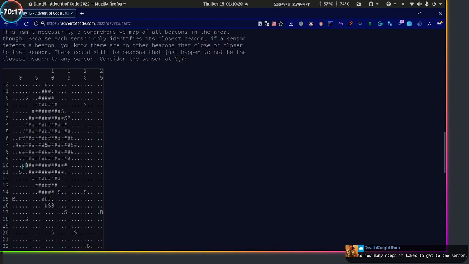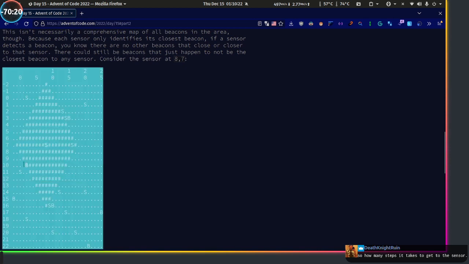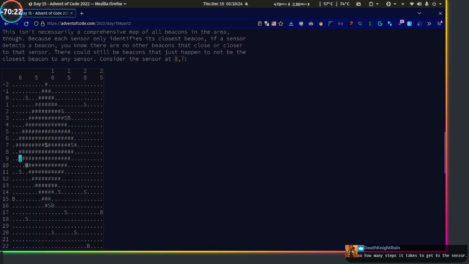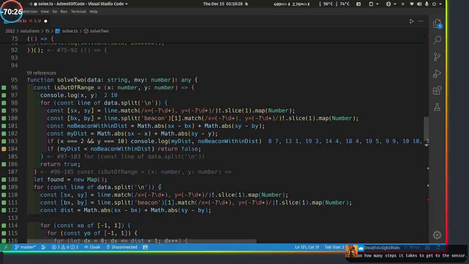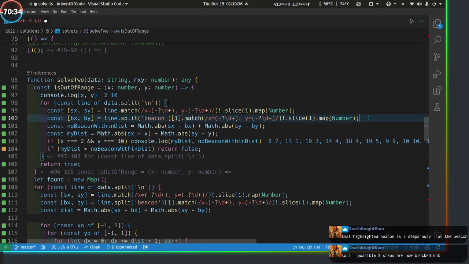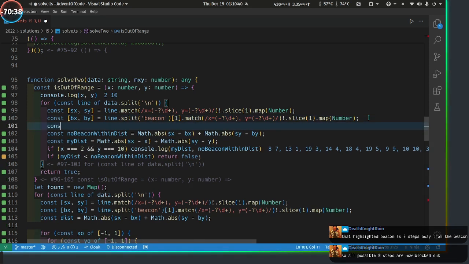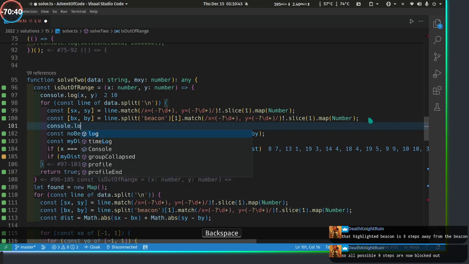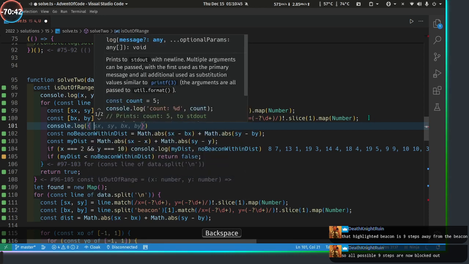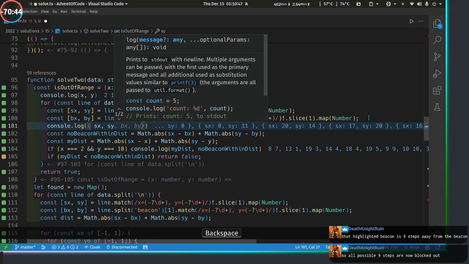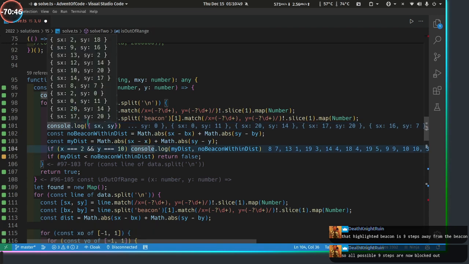Because this one... I think we only need the sensor here.